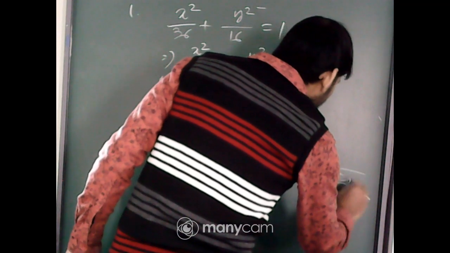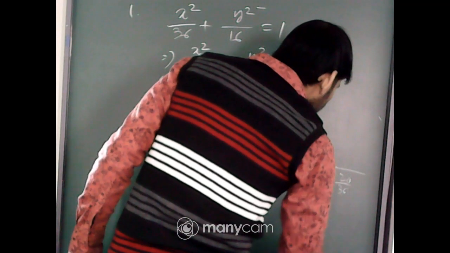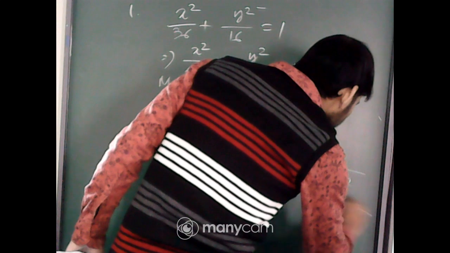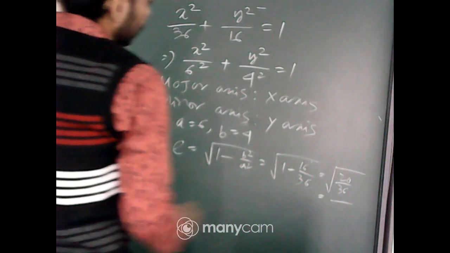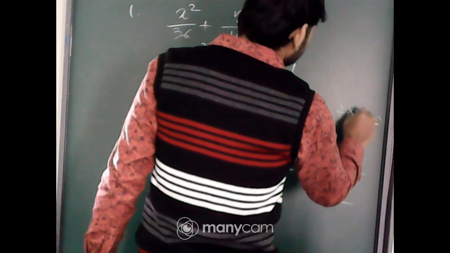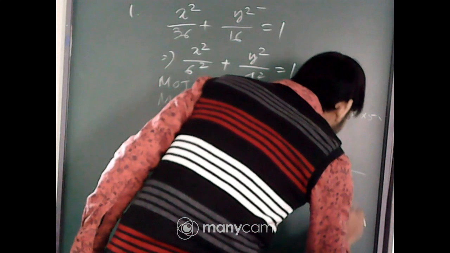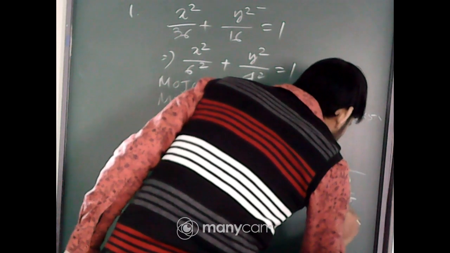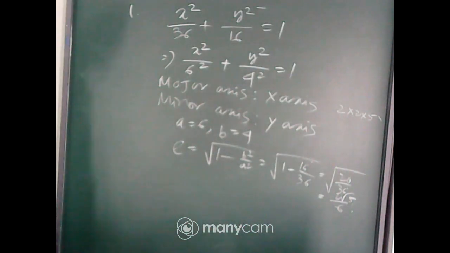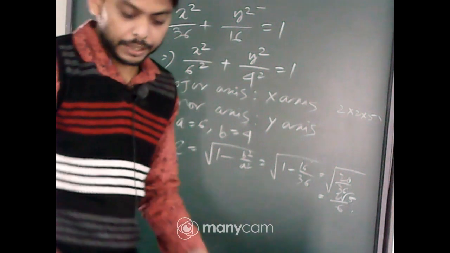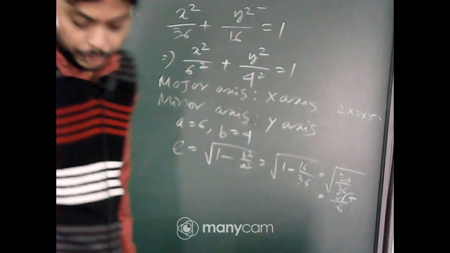That means root over 20 by 36, and 20 means 2 into 2 into 5. So 2 root 5 by 6, that is the value of e. You just find it in your copy, 2 root 5 by 6.